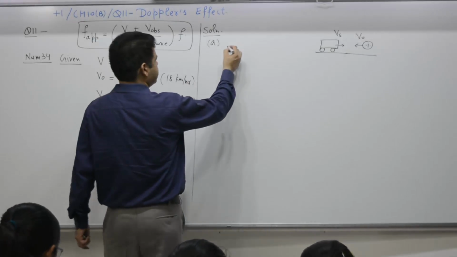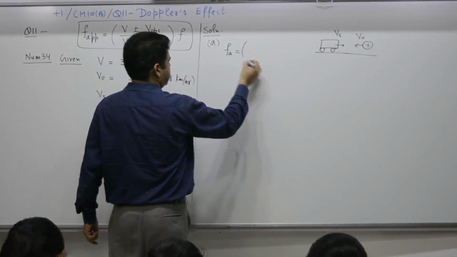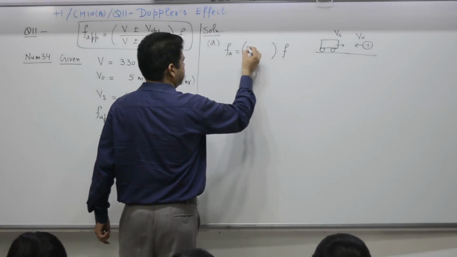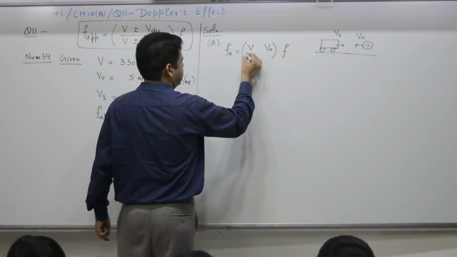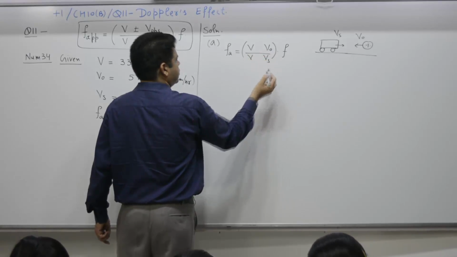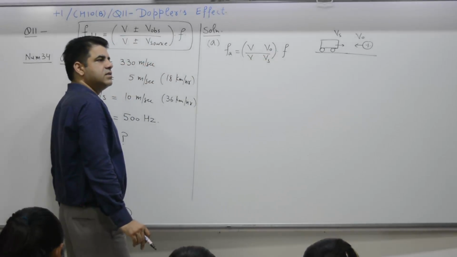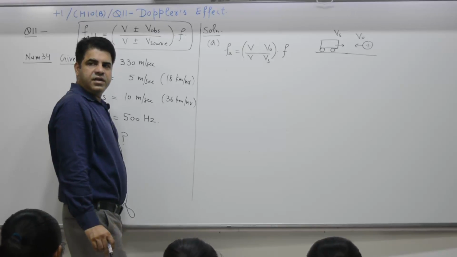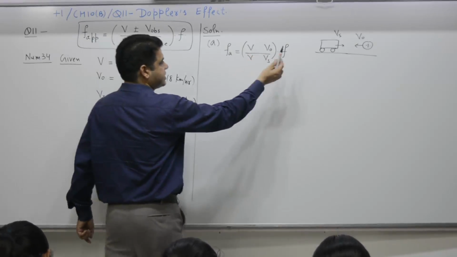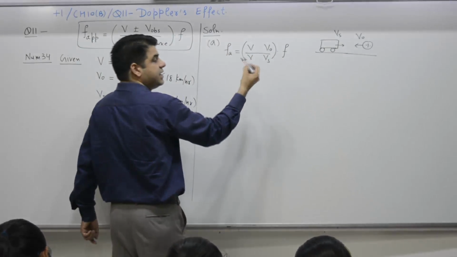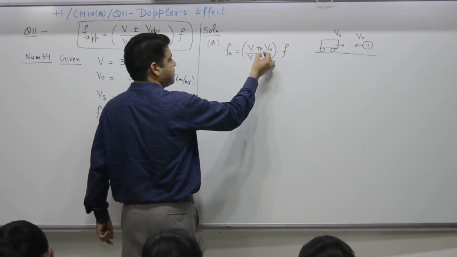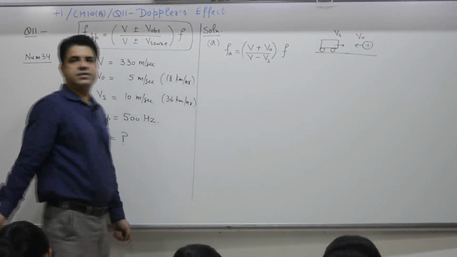Formula: observer, source. Case number is 7. If it is case number 7, both are increasing the frequency. So this is plus, this is minus.